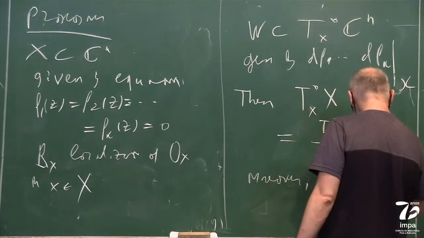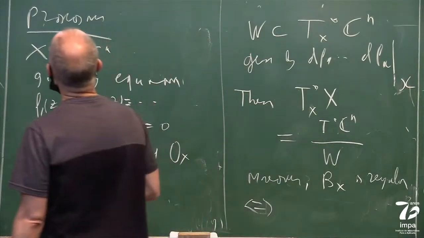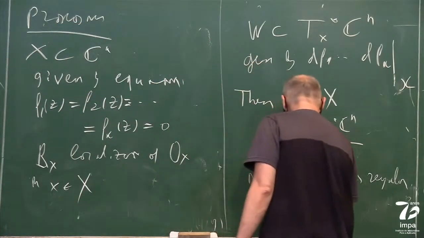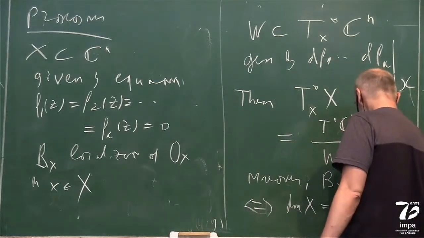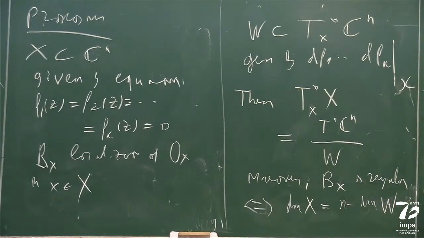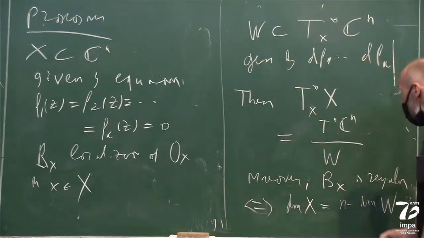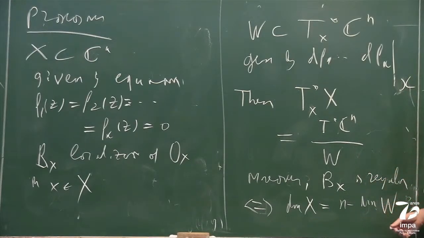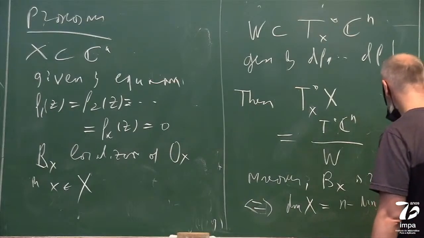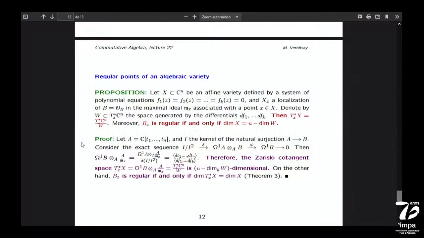Bx is regular if and only if the dimension of X is equal to n minus the dimension of W. For example, if you have just one equation, then regularity of X will be equivalent to df at x being non-zero.